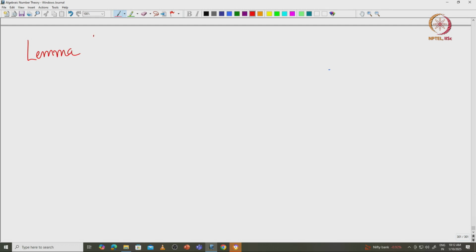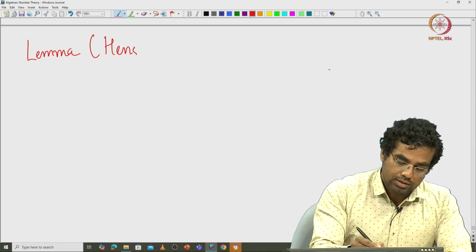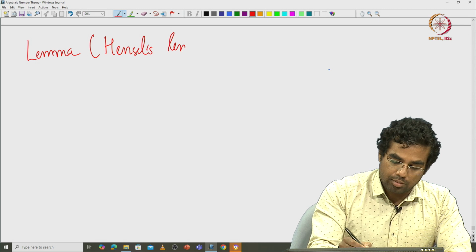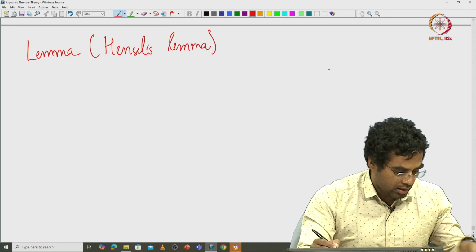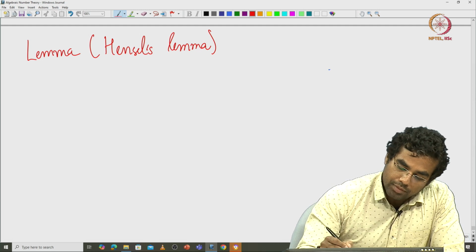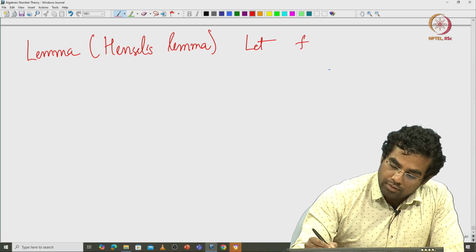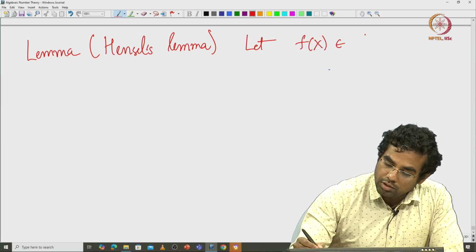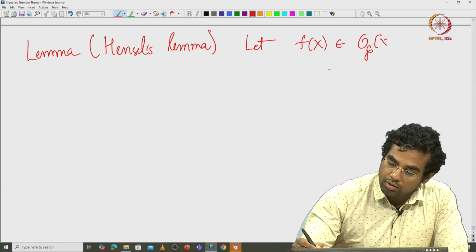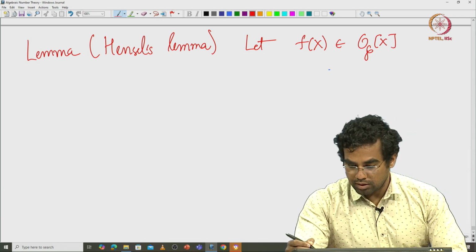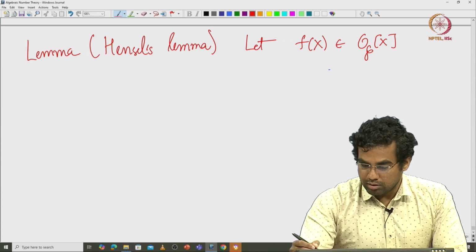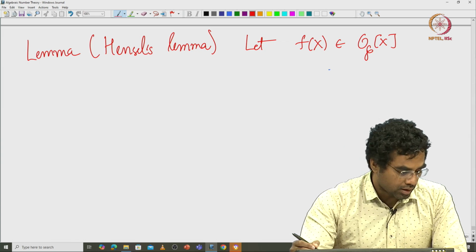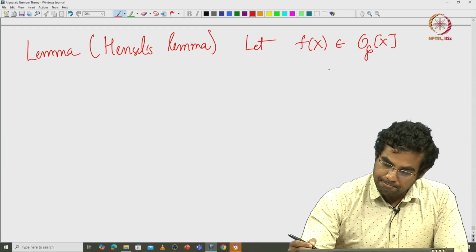So, let me write that name, Hensel's lemma, and the version that I am going to state is as follows. Let f of x be a polynomial in O_p of x, the ring of integers in the completion of k at p.